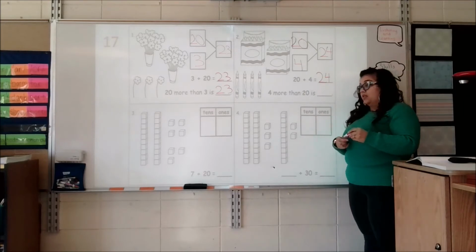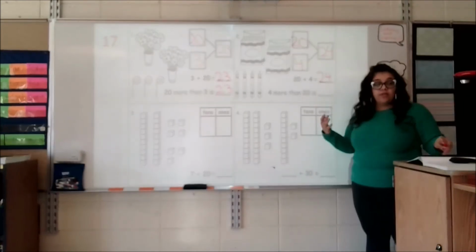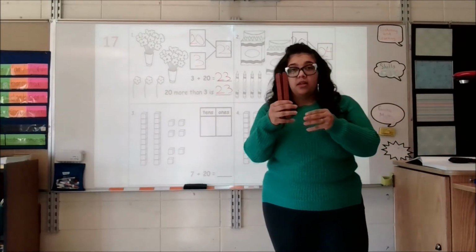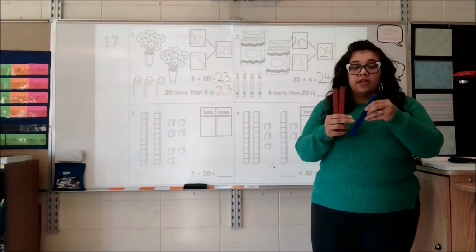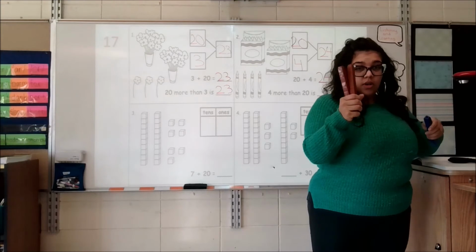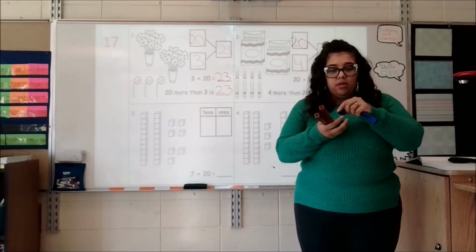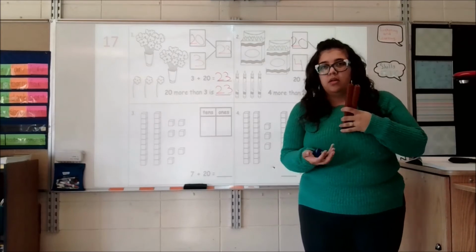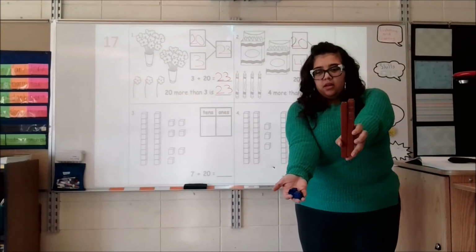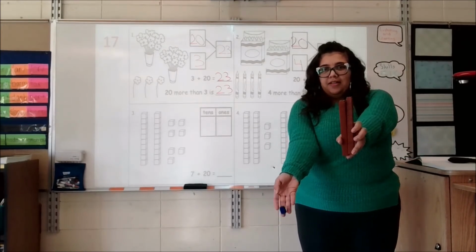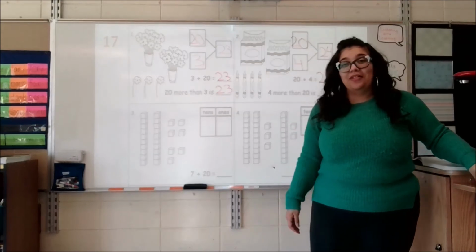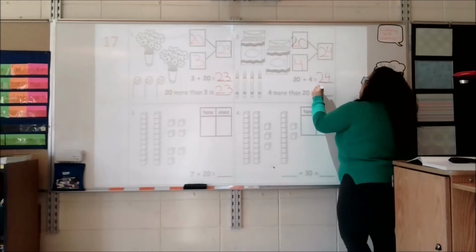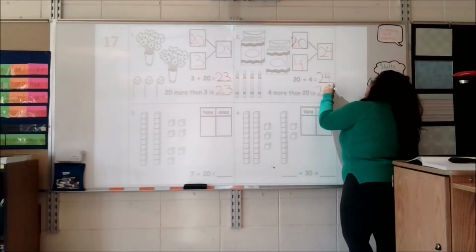So that means this is also true: 4 more than 20 is 24. So if I already have 20, 4 more is 24. Trust me, I'm not throwing them all on the floor today. 4 more than 20 is 24.